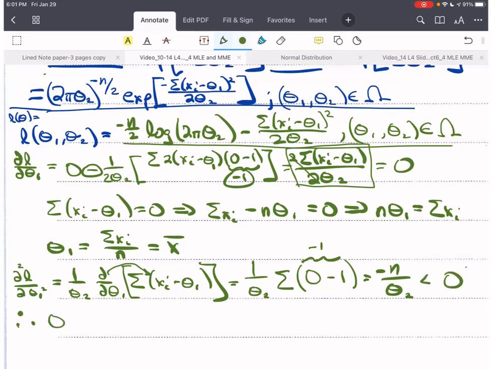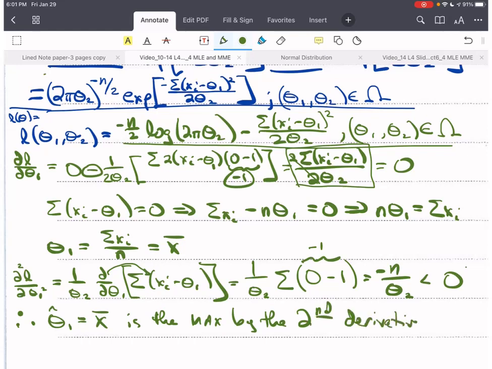Therefore, theta 1 hat equals x bar is the maximum by the second derivative test. Therefore, theta 1 hat equals x bar is the MLE of theta 1. So that portion of the proof is proved.